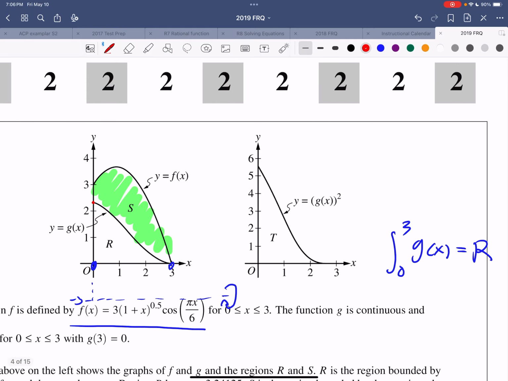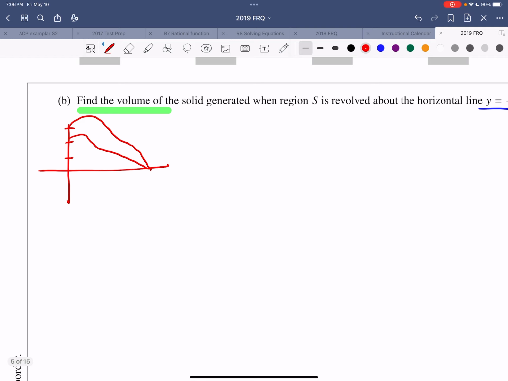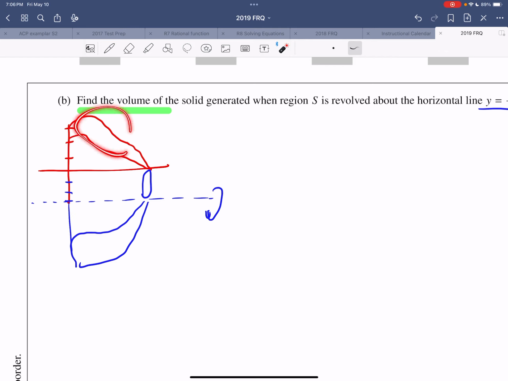I mean, this is not the same graph, but let's say it is something like that. We are going to rotate it around y equals negative 3 here. When you rotate it, this is going to create a hole. So you're going to have another graph like this. Can you see that? This entire thing will rotate like this, then it's going to create a figure like this. And this whole thing is going to be the hole.